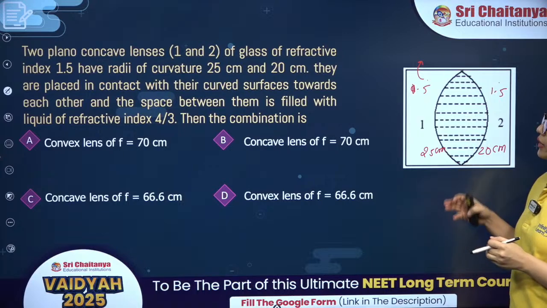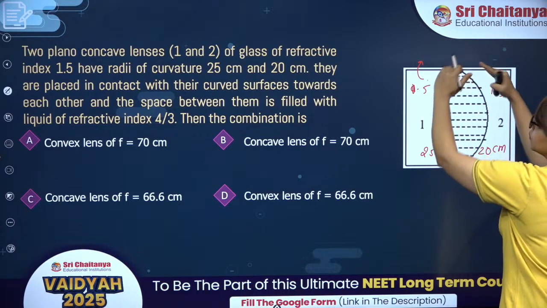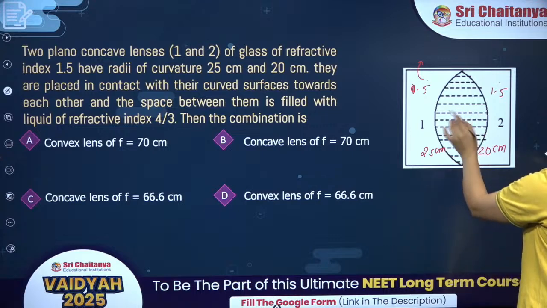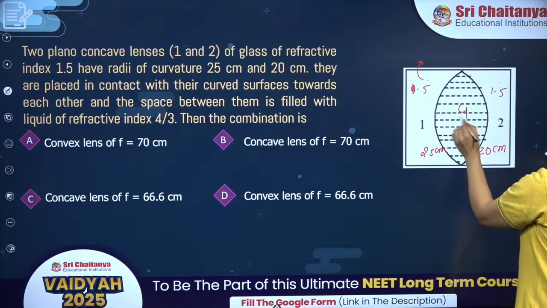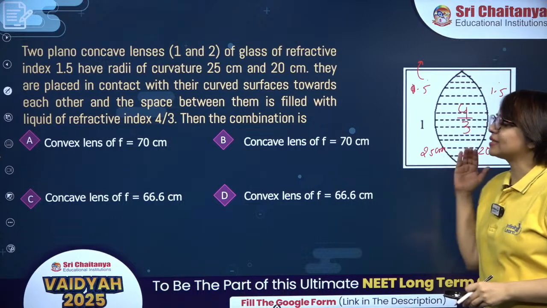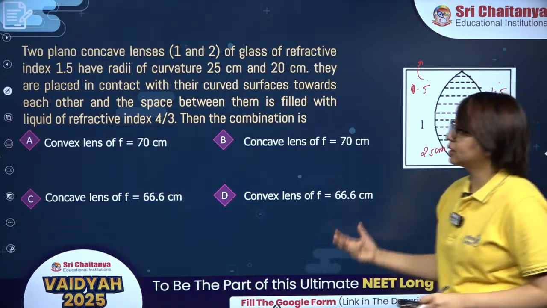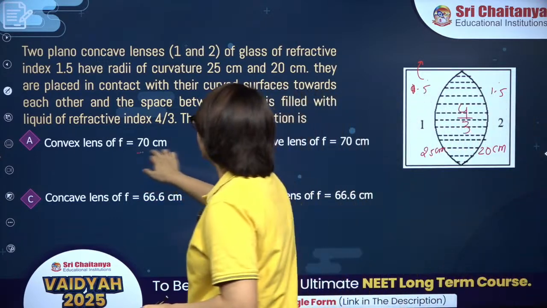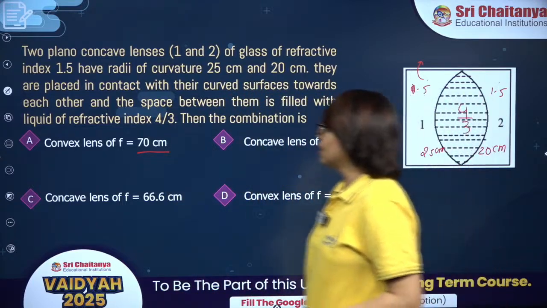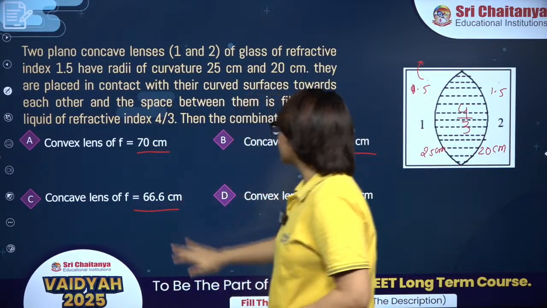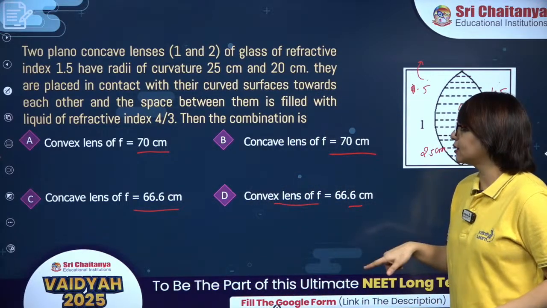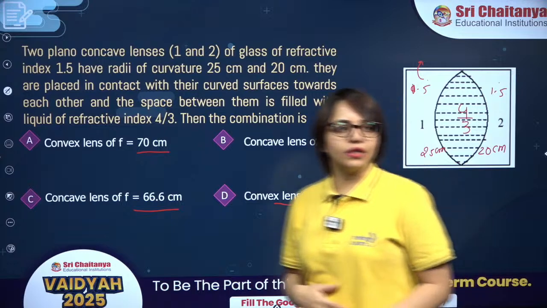They are placed in contact with their curved surfaces towards each other like this, and the space between them is filled with a liquid of refractive index 4/3. Then the combination is behaving like what? Convex lens of focal length 70 centimeter, concave lens of focal length 70 centimeter, concave lens of focal length 66.6 centimeter, or convex lens of focal length 66.6 centimeter.